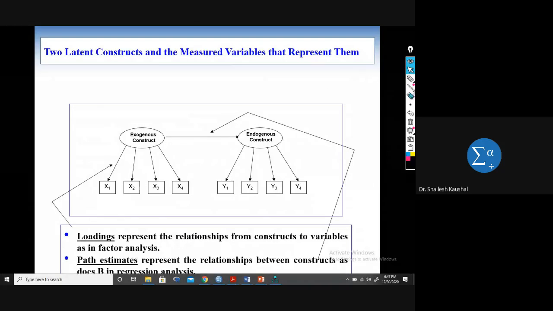Now endogenous and exogenous variables. This is the exogenous construct and this is the endogenous. Endogenous why? Because the single-headed arrow gives us the dependence relationship, and x1, x2, x3 are observed variables. This is the unobserved variable.